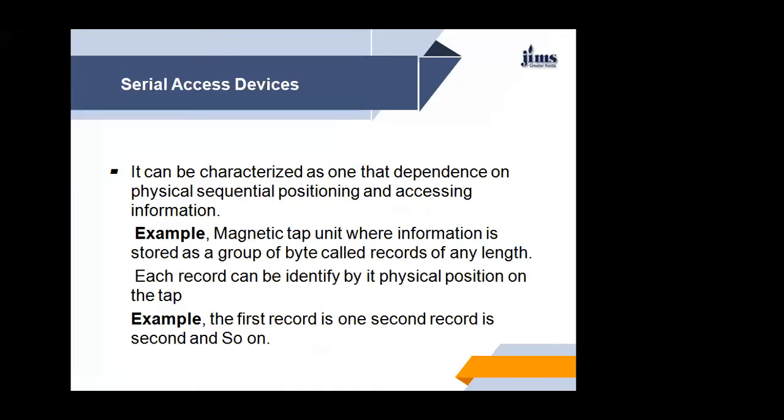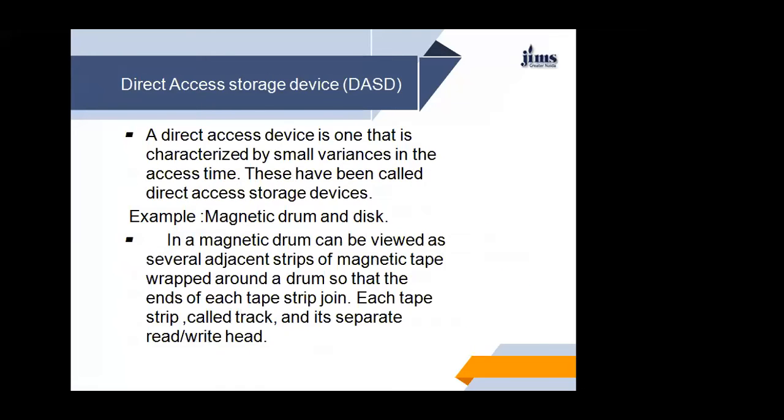Each record can be identified by its physical position on the tape. The first record is 1, the second record is 2, and so on. So this is serial access. The numbering is done this way. The third case is the direct access storage device, DASD.